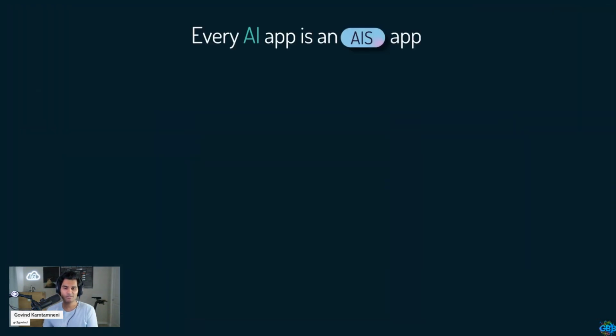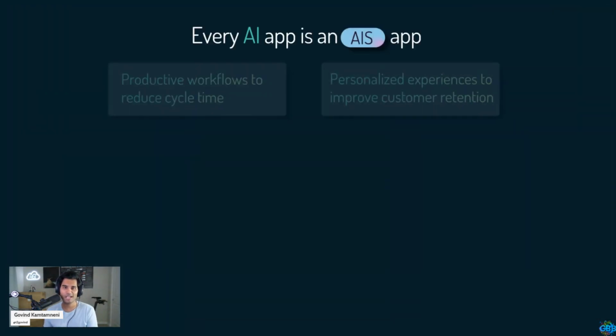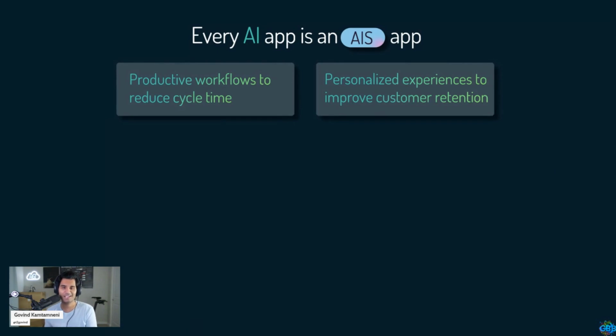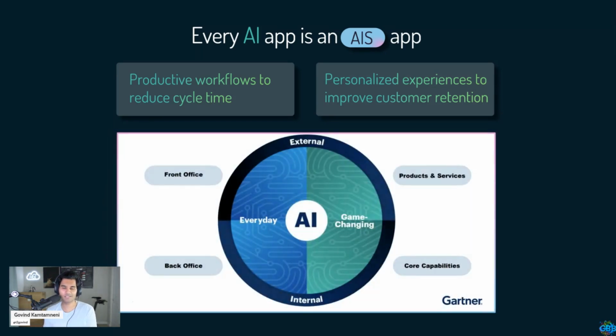Now, just to close out quickly, every AI app is going to be an AIS app, because as you introduce these productive workflows to reduce cycle time, or personalized experiences to improve customer retention, you want to do so reliably, securely, and with all the abilities in place, right?